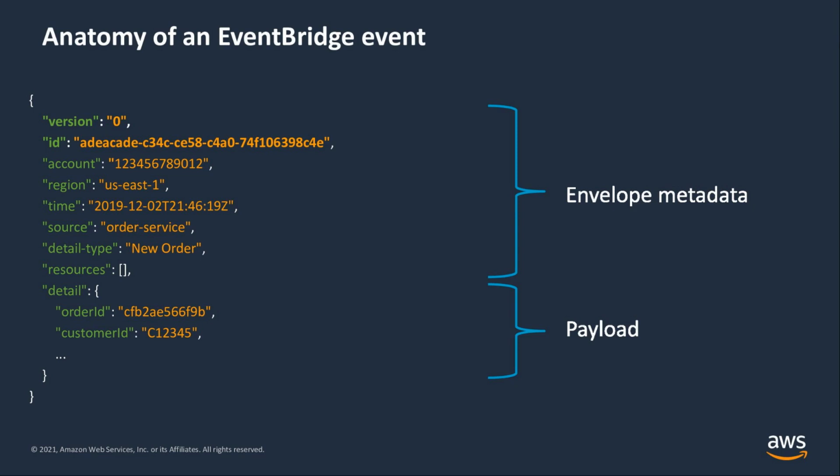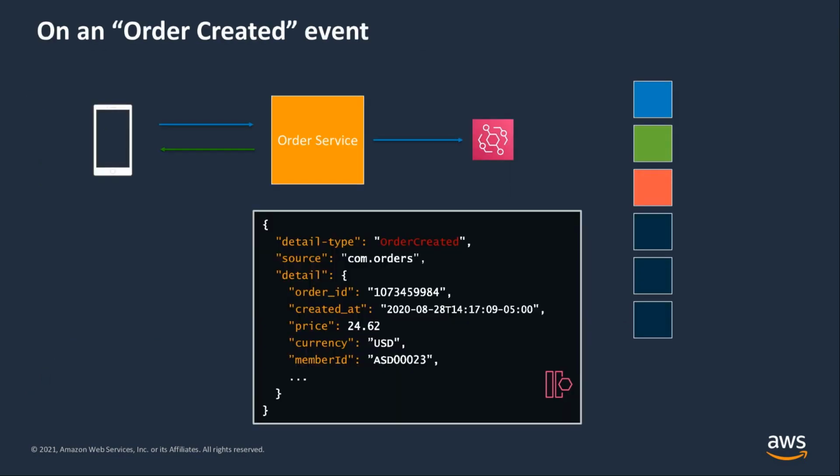So the source identifies the service that produced the event, and then in the details in the payload, you could see order ID, customer ID, and any other data that's relevant to this event you can include in the event payload. All right, so in this example, this is an order created event. So this is a JSON structure that contains all the details related to the order that we published to the EventBridge service. So this is in our fictitious e-commerce system.